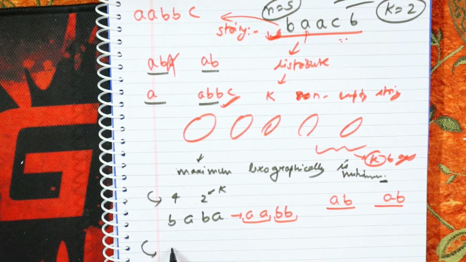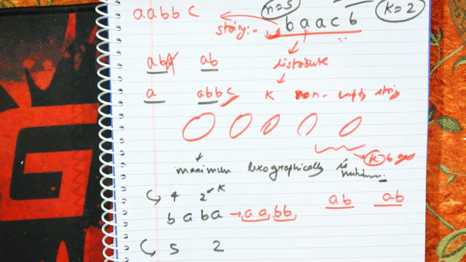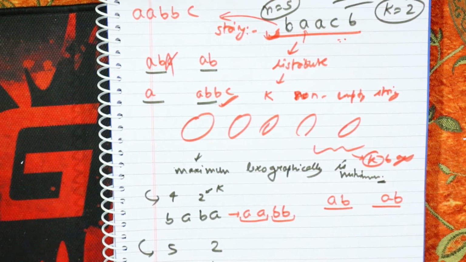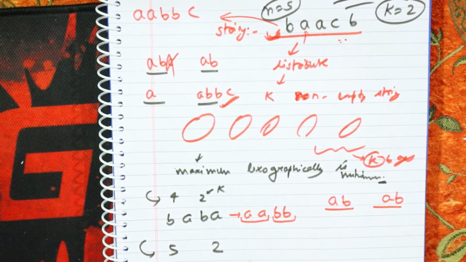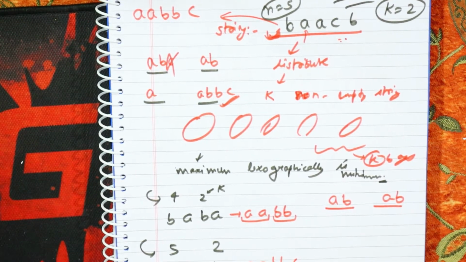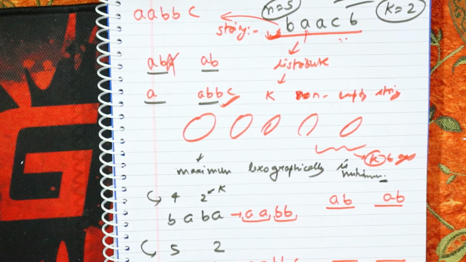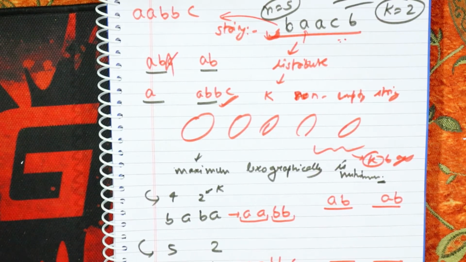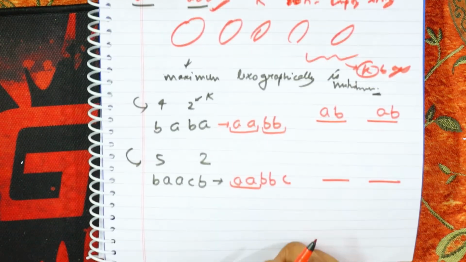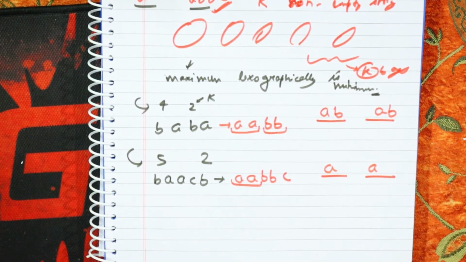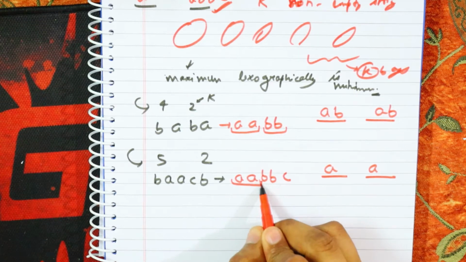Now let's have another example, 5 and 2, which is BAACB. Now what I will do is sort it, AABBC. Now I have to place it in 2. I place the starting 2 because as usual, you have to place the starting ones as minimum as possible. I place A and A. Then now I have to fill with this.